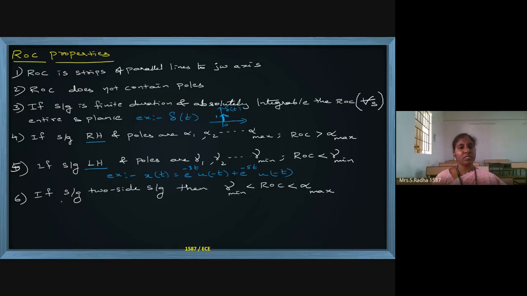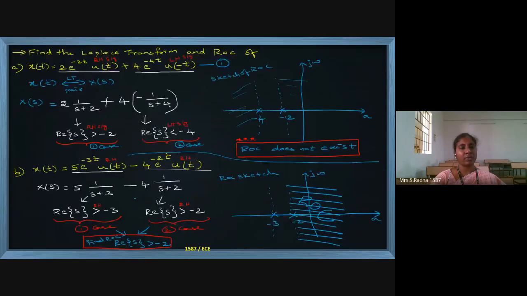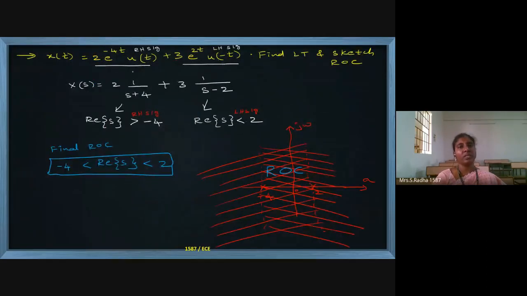Now coming to the two-sided signal. Just now we have done a two-sided signal. If there is a minimum value and a maximum value, and the two different cases give greater than and less than, two-sided means a portion of the signal is left-handed and a portion is right-handed. We have done one problem in that model. One term is right-handed, one term is left-handed.